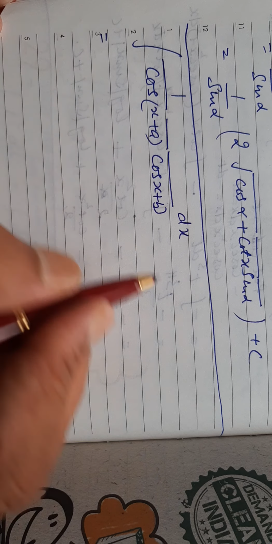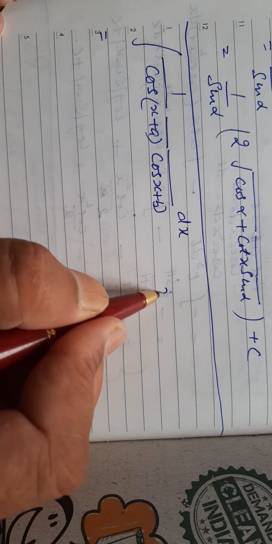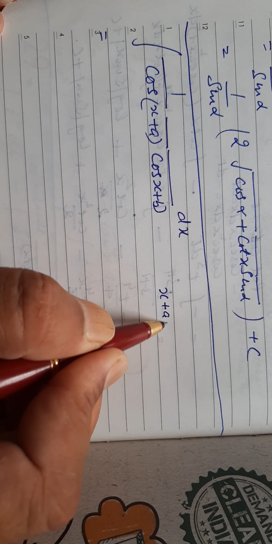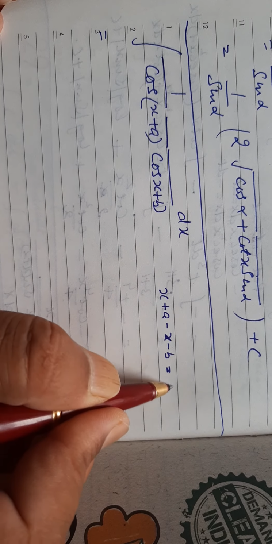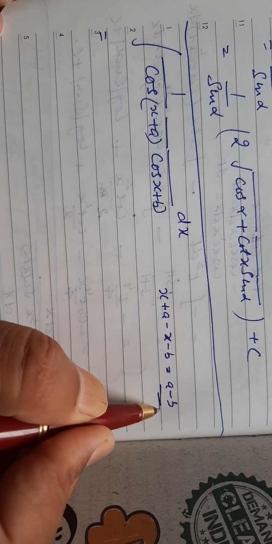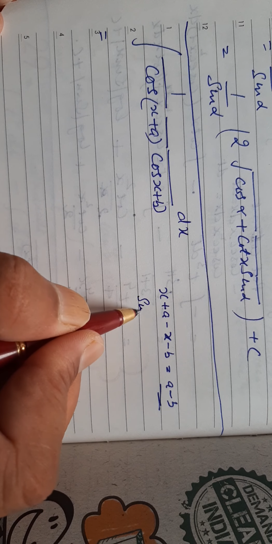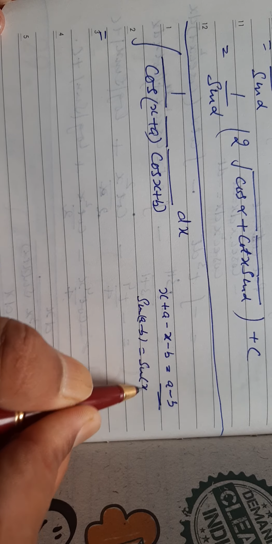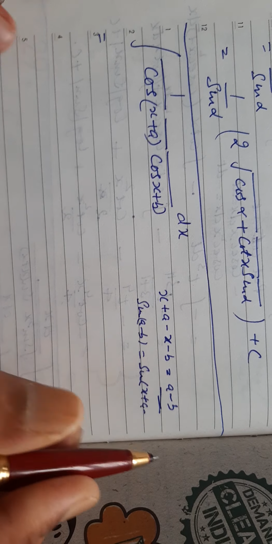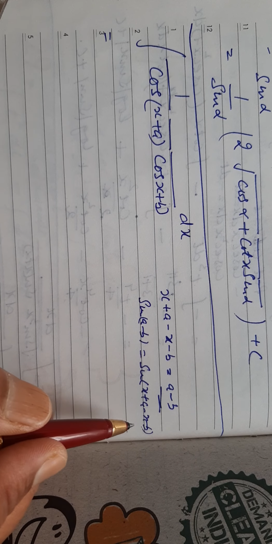In this case, x plus a minus x plus b, x is gone, that is a minus b. Taking sine both sides, sine of x plus a minus x minus b, we apply the sin a minus b formula.